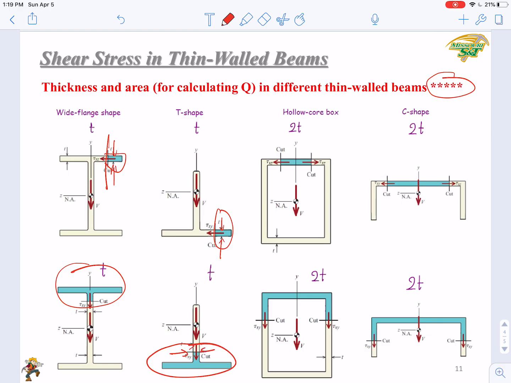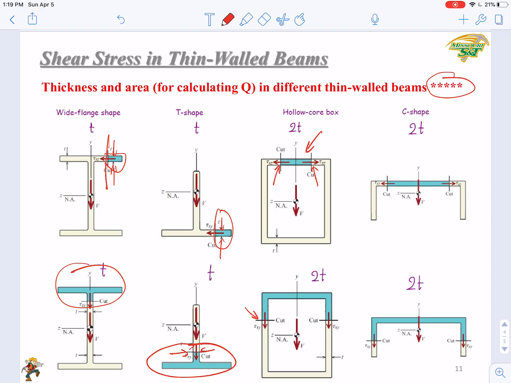But in some other shapes, as shown here, if you have a hollow core box or a C-shaped section, then how to consider the area and thickness is summarized here. This is how you cut. If you are requested to calculate the shear at this type of point, you need to do this kind of cutting and consider the area of the blue-shaped area.